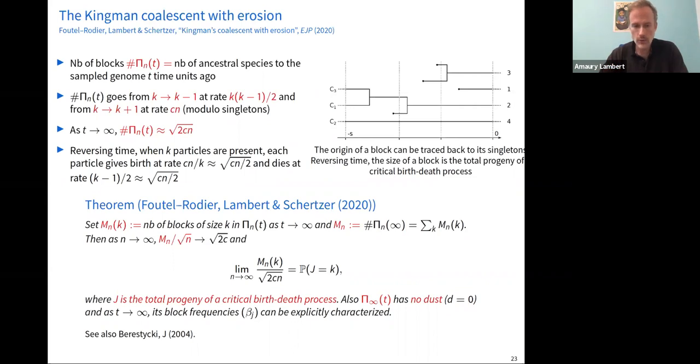That's too much, and especially another thing that you see is that even the number of species that carry a very small number of lineages of your genes, Mn of k for k fixed, is of the order of square root of n.